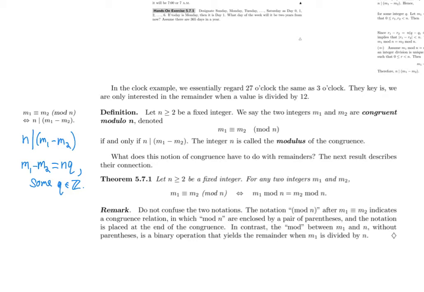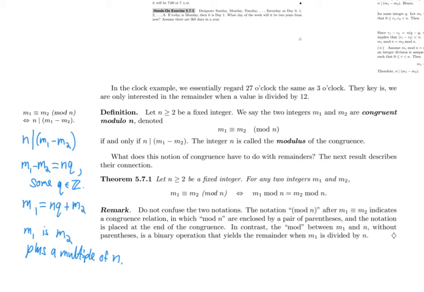And something that's going to be helpful a lot is if we just, for example, add m2 to both sides: m1 is equal to nq plus m2. In other words, m1 is m2 plus a multiple of n. In other words, m1 and m2 differ by a multiple of n.